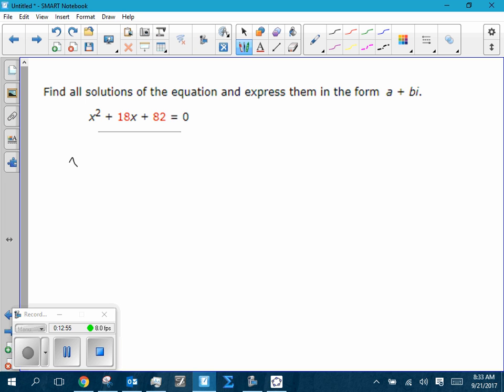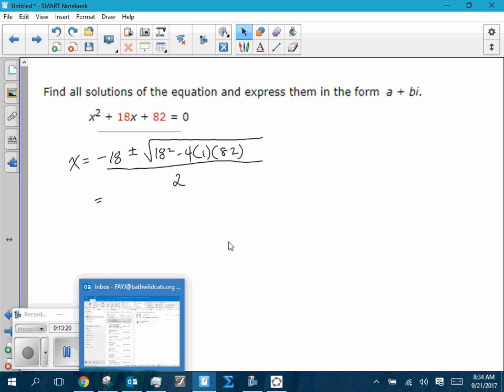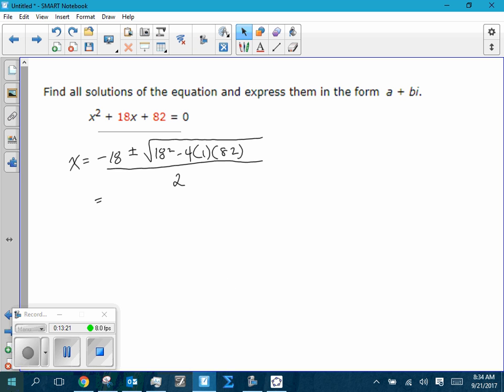So we want to rewrite this as x equals the opposite of b plus or minus the square root of b squared minus 4 times a times c, all over 2a. And evaluating that, find my calculator.